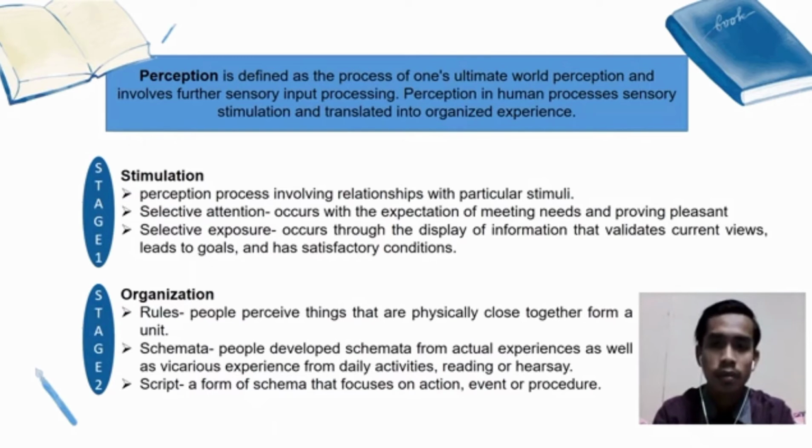A script is a form of schema that focuses on action, event, or procedure. Okay, it is a procedure of how we behave and how we organize it with a pattern in our action.